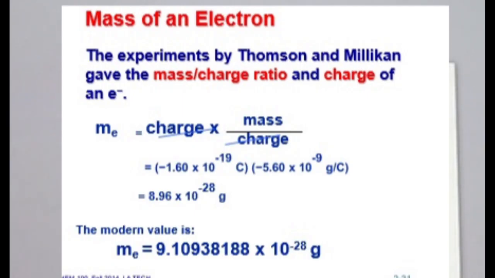All right, but also, why did you divide 1.6 times 10 to the negative 19 by 5.6? No, this one is wrong. This is multiplication. Oh, okay. I did that wrong. There's no division. That's a mistake, right?